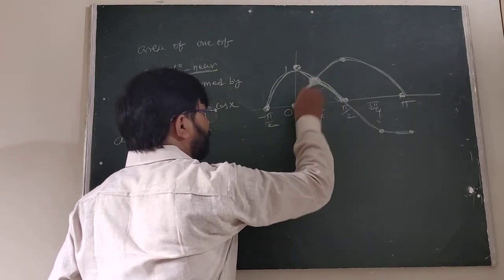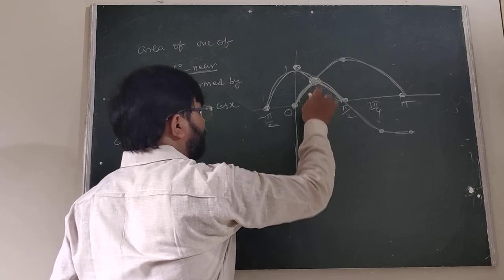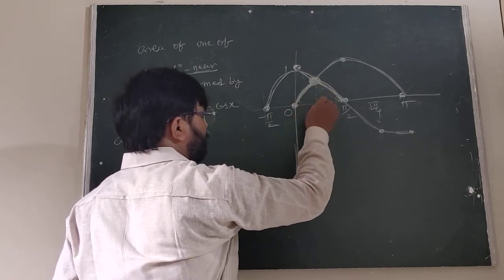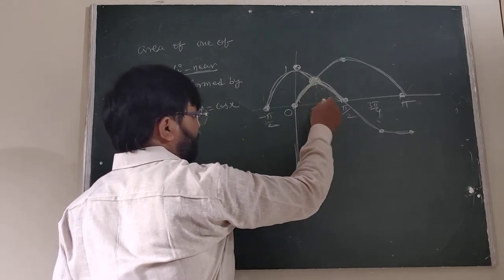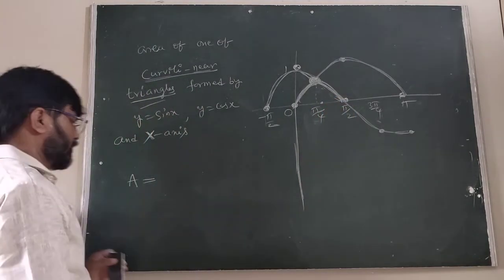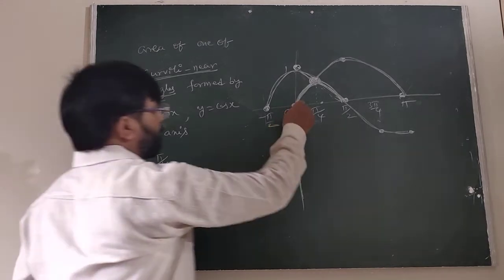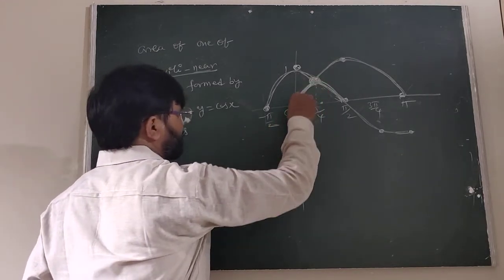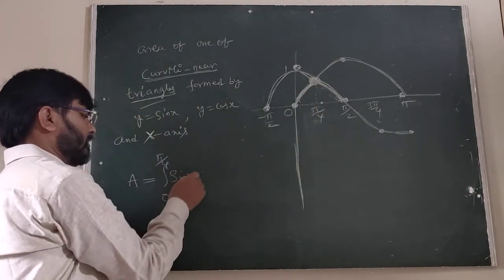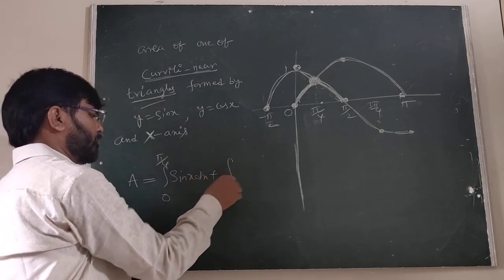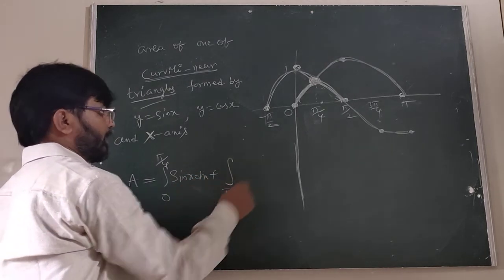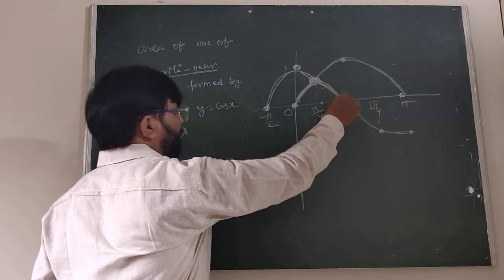This is the curve. So how to find this one? First it is bounded by 0 to pi by 4 and the x-axis, after that pi by 4 to pi by 2. First you write 0 to pi by 4, where the curve is sin x, so sin x dx.